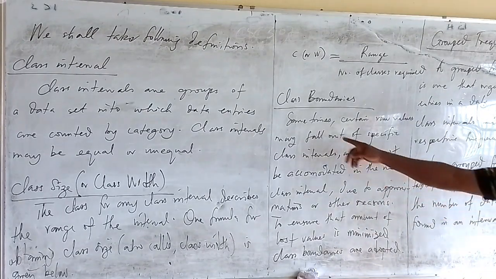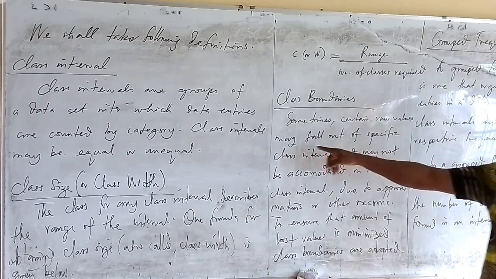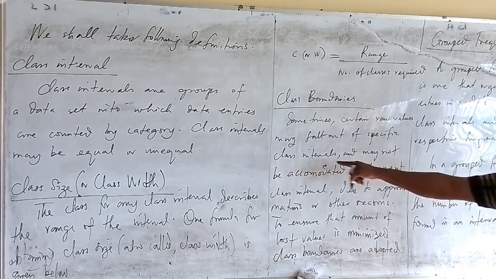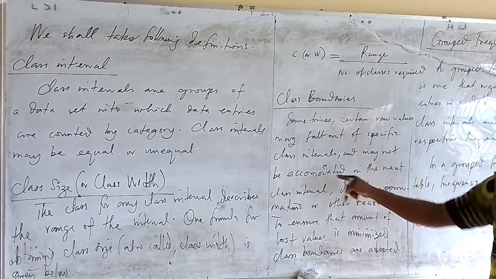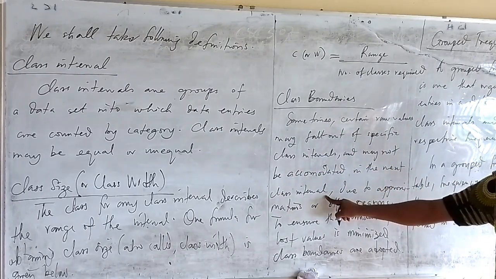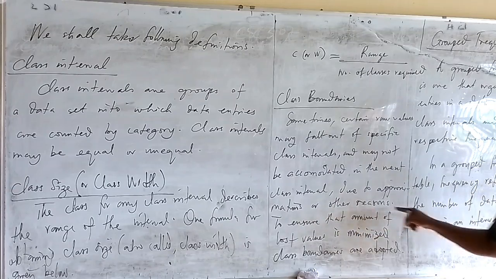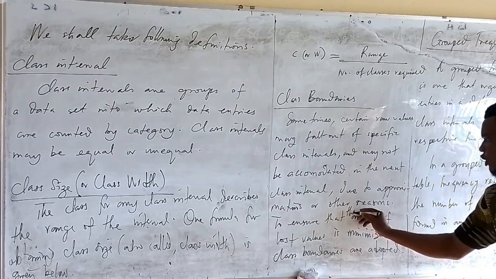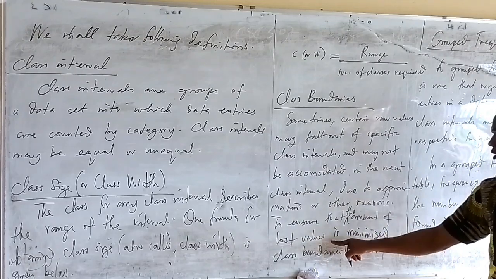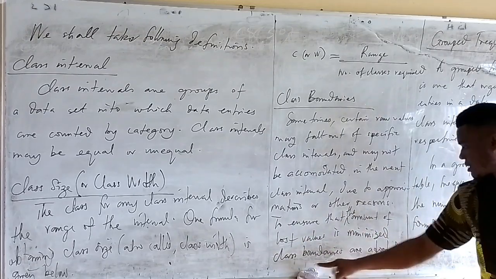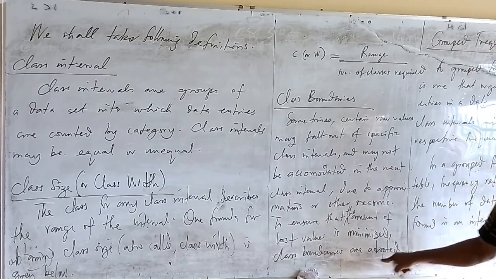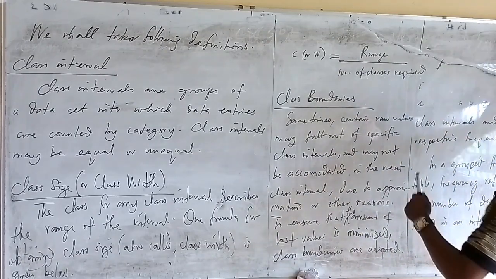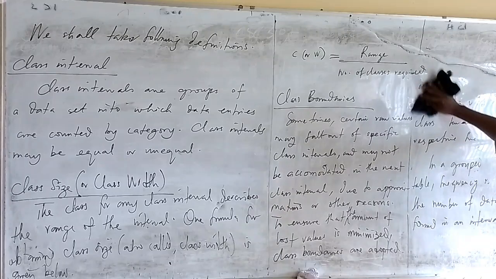So I'm saying that sometimes certain raw values may fall out of specific class intervals and may not be accommodated in the next class interval due to approximations or other reasons. To ensure that the amount of lost values is minimized, class boundaries are adopted. Is it clear?